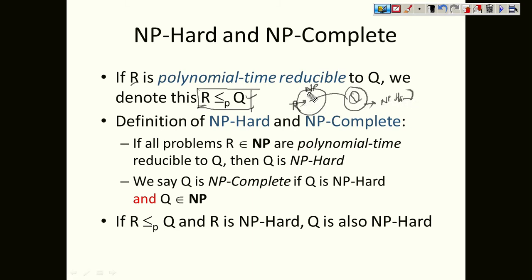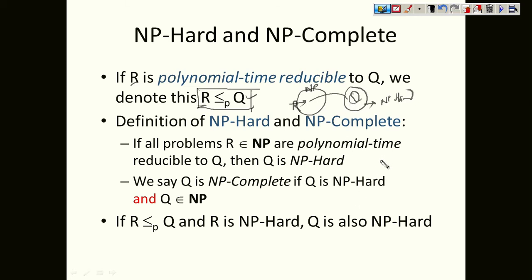So if all these problems can be represented by a single problem Q, then Q is said to be NP hard, or you can say this is the hardest problem to solve. We say Q is NP complete if Q is NP hard and Q belongs to NP. The meaning here is, if this Q problem is somewhere out of this set NP, then it is said to be hard.